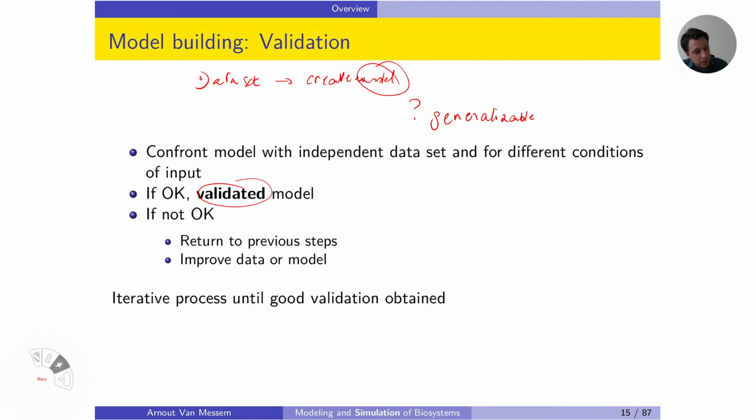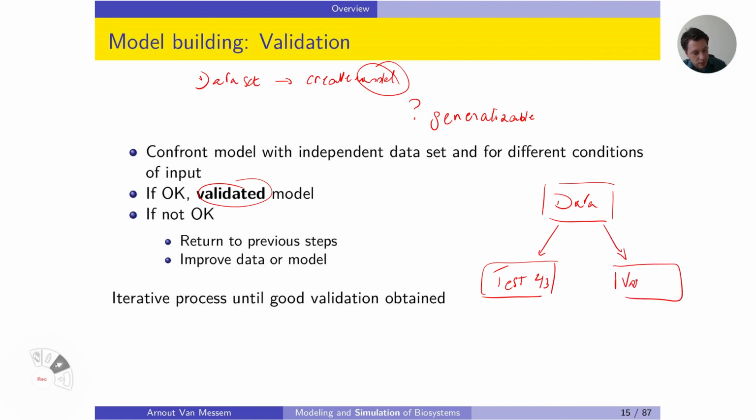How do we do it in practice? Often you have your data and you will split it in, on the one hand, a test set, which comprises about 2/3 of your data, and on the other hand, a validation set with the other third. The test set is used for constructing the model.